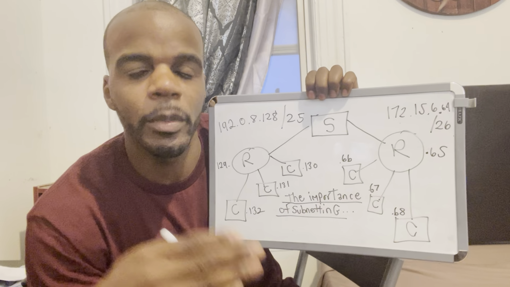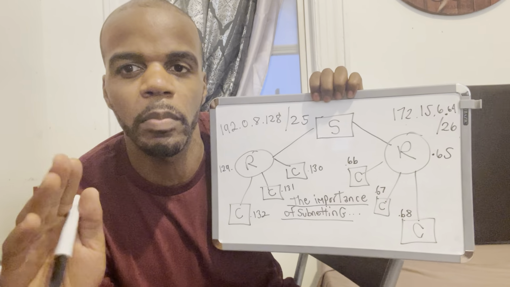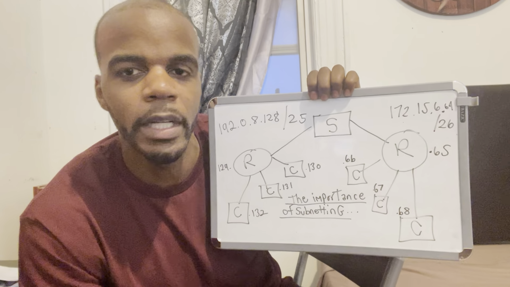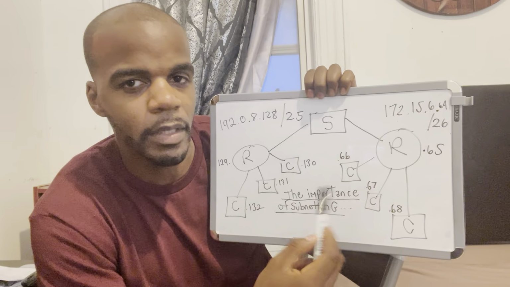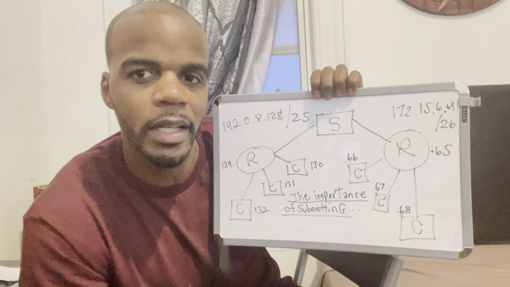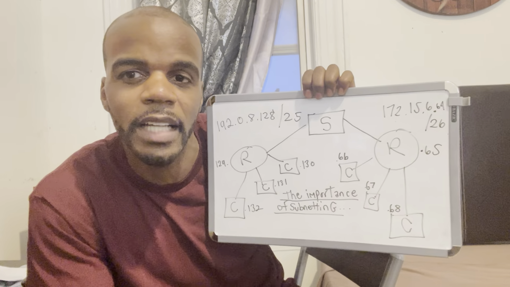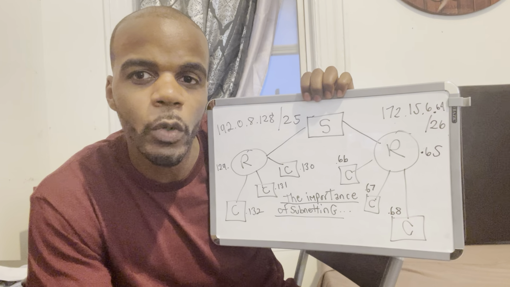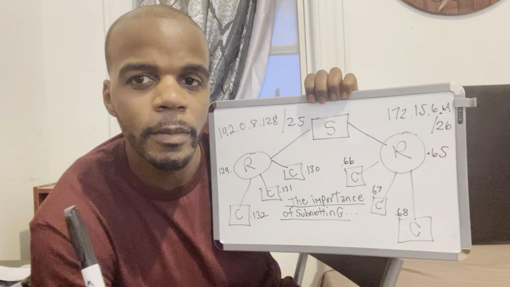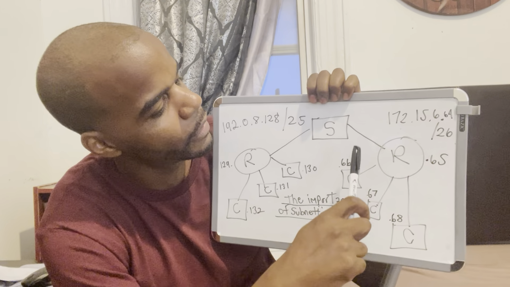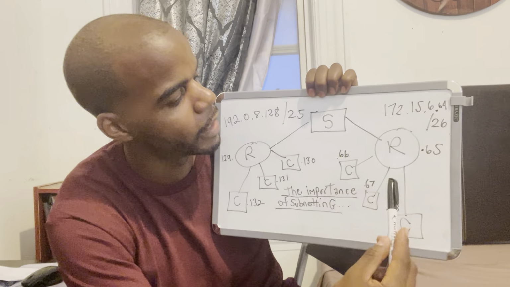Again, I'm going to make a separate video explaining why we need block sizes, but this is a quick illustration for you guys to understand why. A /26 is a block size of 64. So we're using 64 to start off this network.